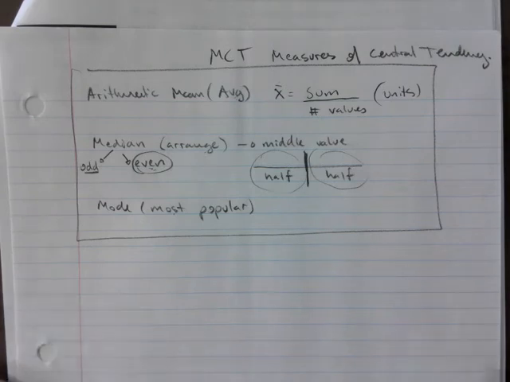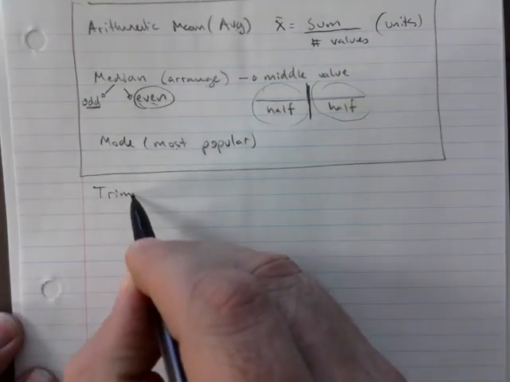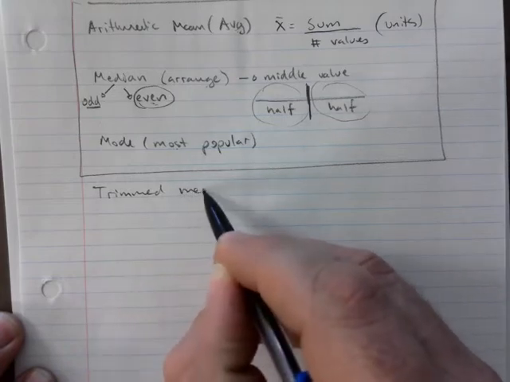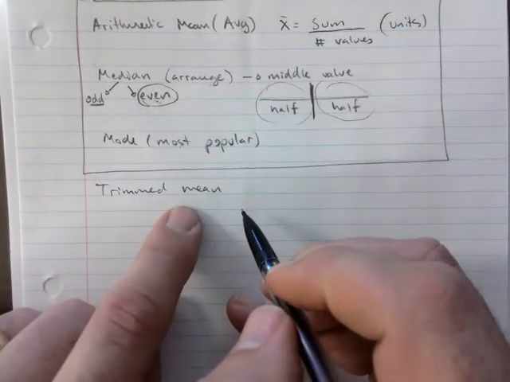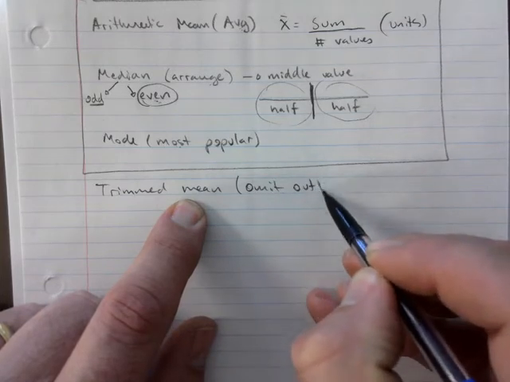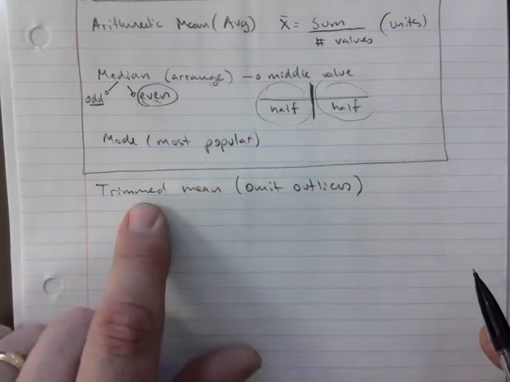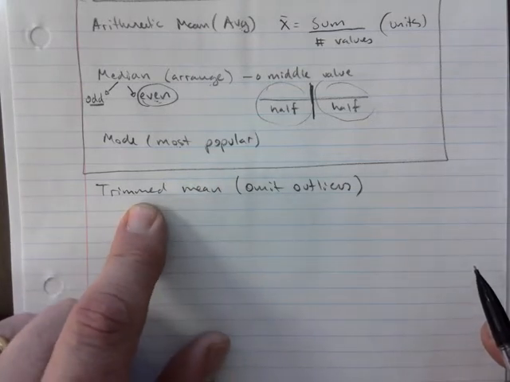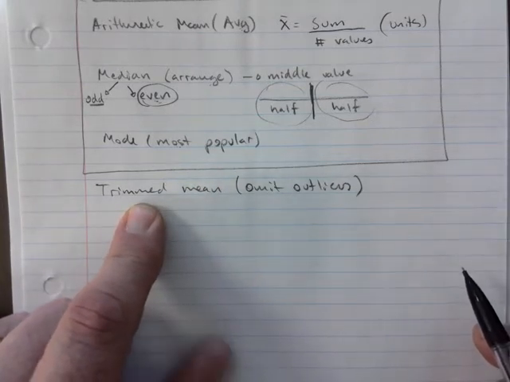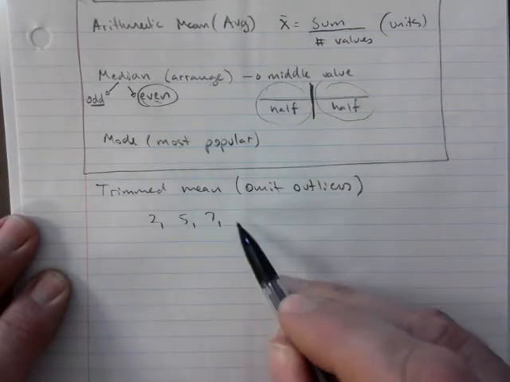Okay. And then, because of the outliers, we talked about trimmed mean, which is also the average. However, we omit the outliers. We omit the outliers, and we do that by trimming an equal amount of values from either end, right?